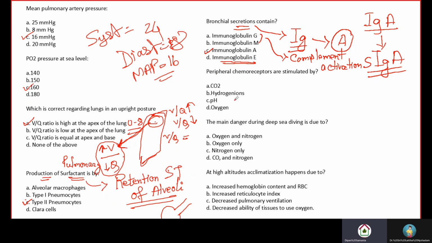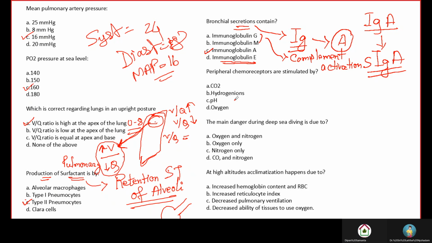Peripheral chemoreceptors are stimulated by carbon dioxide, hydrogen ions, pH, and oxygen. And the answer will be oxygen.